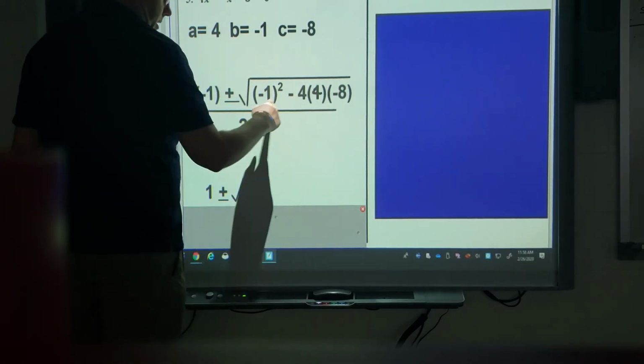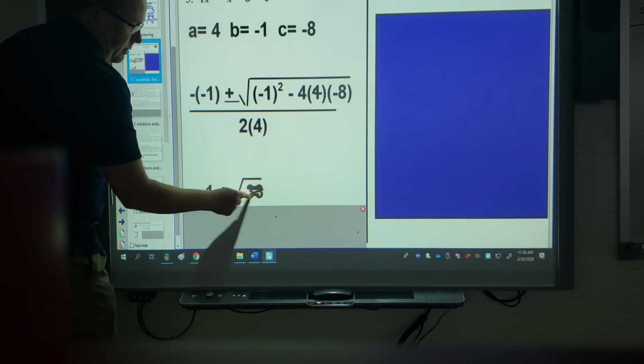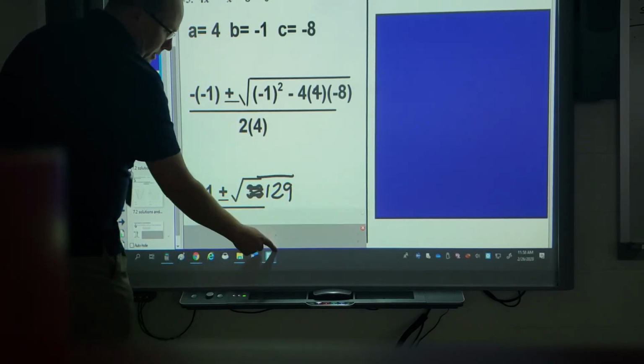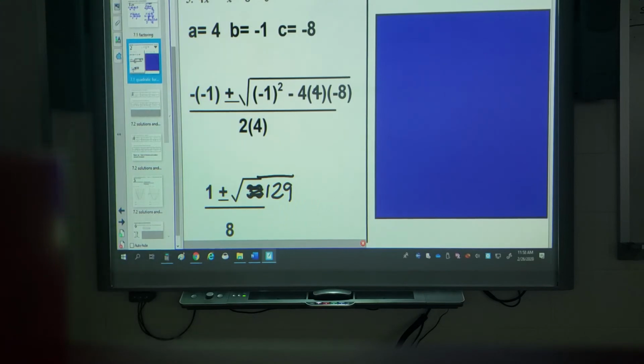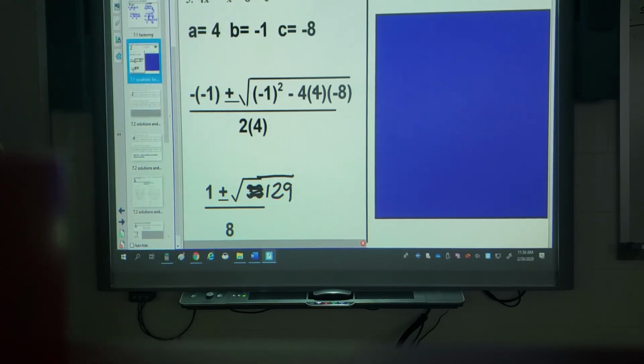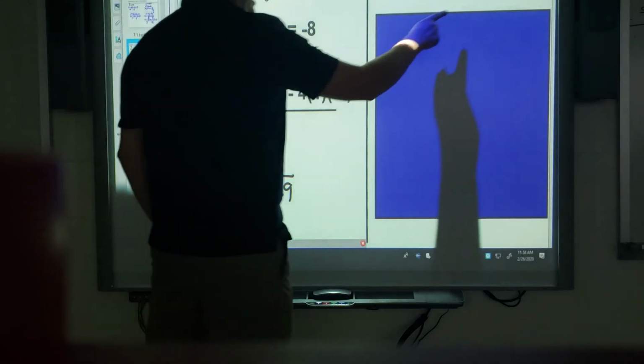And then this part, with that error there, is actually incorrect. It's supposed to be 129. And 2 times 4 is 8. Now, you can try and work out the square root of 129. It's going to give you a decimal. So for right now, we're just going to leave that answer. When we get to a later unit, we are going to look at how you can simplify radicals, but for right now, that will suffice.